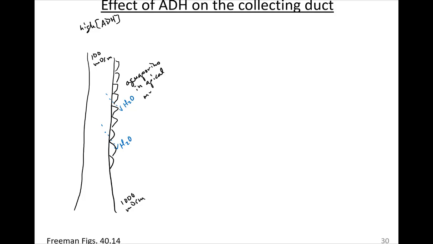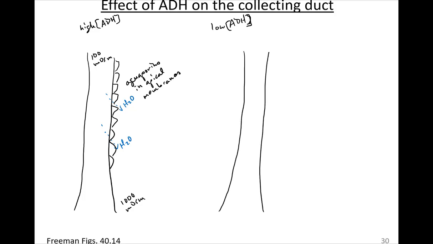And the apical membranes are the membranes that are aligned toward the lumen of the tubule, as opposed to the basolateral membranes oriented toward the interstitial fluid. On the other hand, when levels of ADH are low, then that puts the animal in a state called diuresis, or there's a diuretic effect occurring.